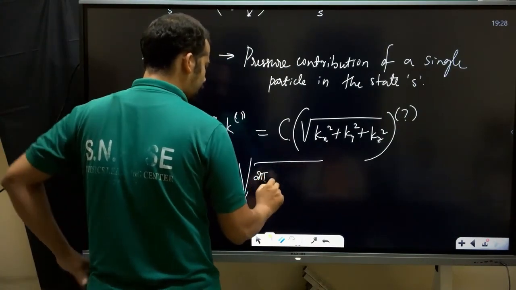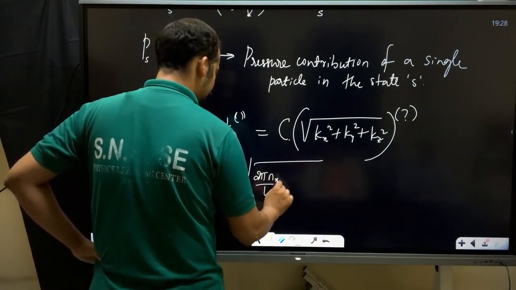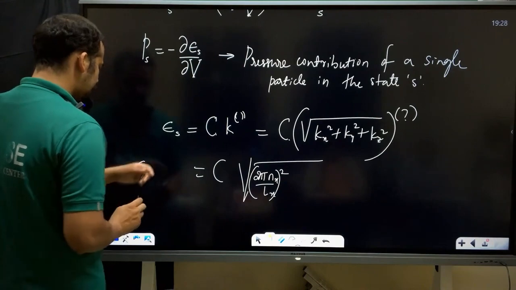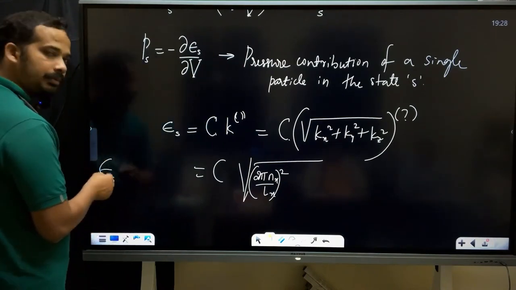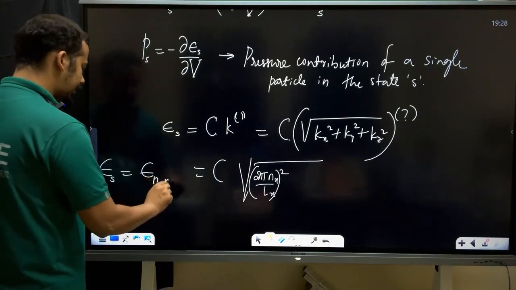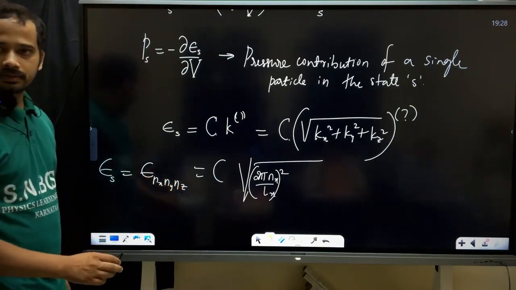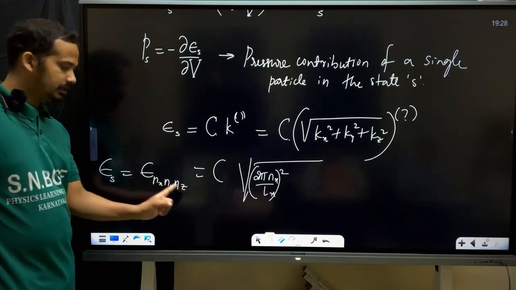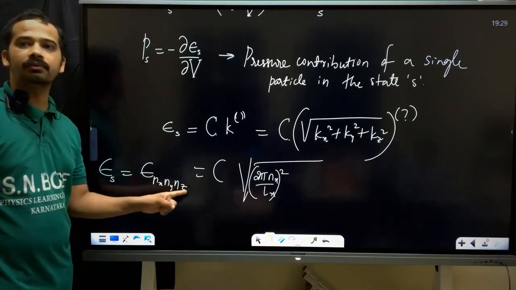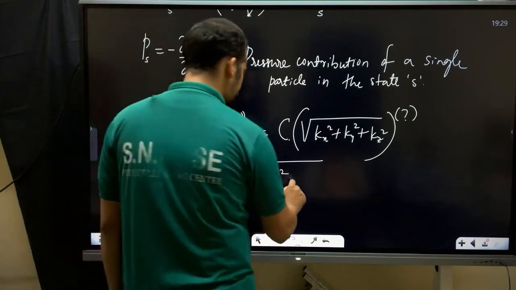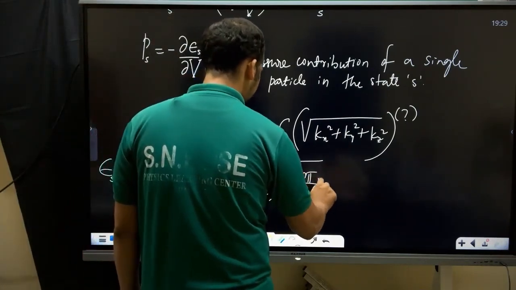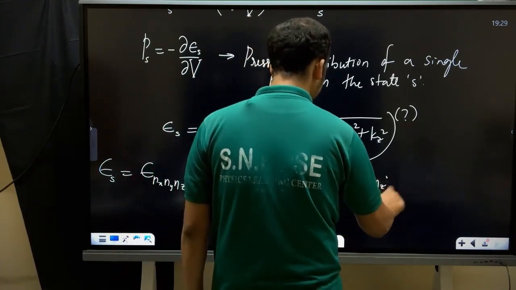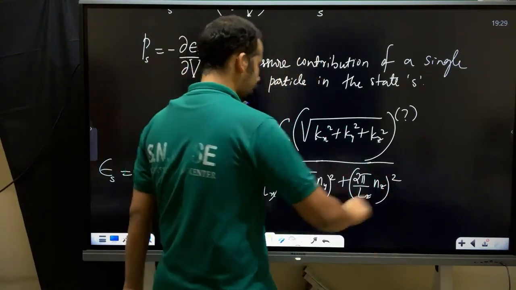Do you remember, root of 2 pi nx by Lx, the whole square, plus 2 pi by Ly into Ny the whole square, plus 2 pi by Lz into Nz the whole square. We write ES to keep it simple; the single particle state is nothing but E nx ny nz, because it's in three dimensions, so the state is specified by nx ny nz.